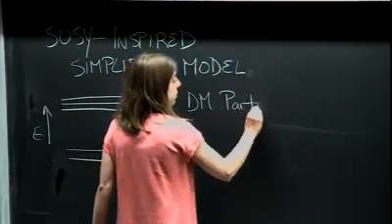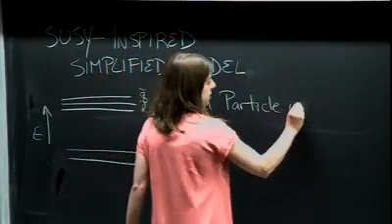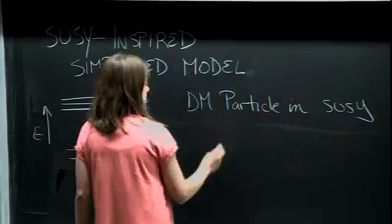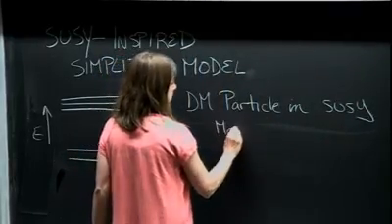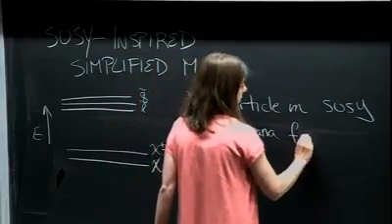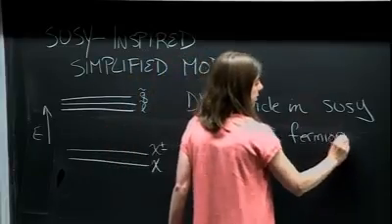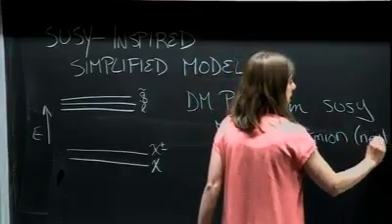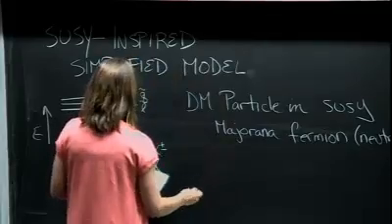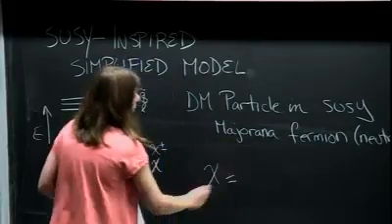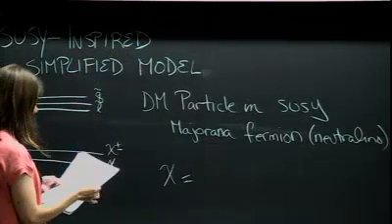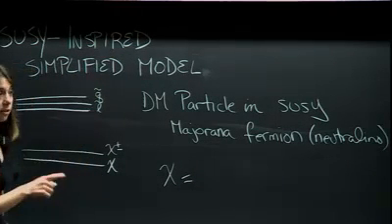So the dark matter particle in these SUSY models is a Majorana fermion. It's the neutralino. It is essentially just the mass eigenstate of the linear combination of the gauginos and Higgsinos.